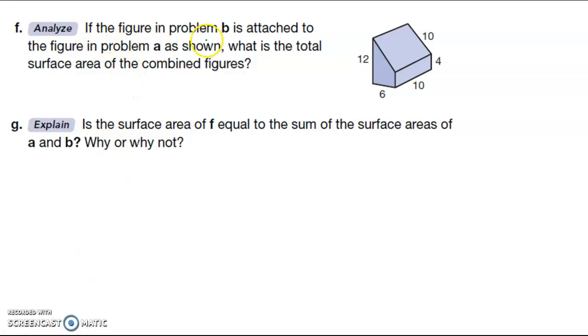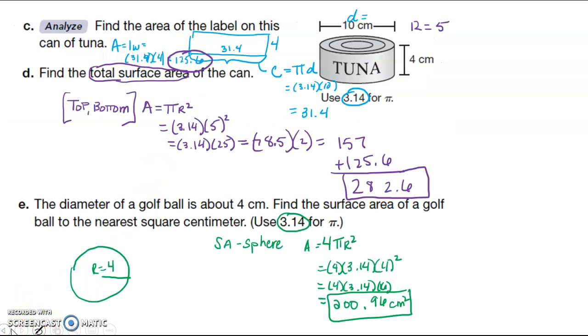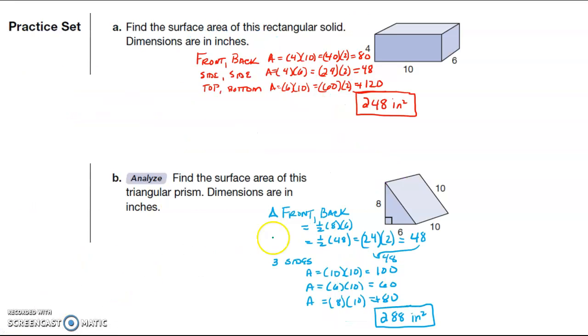All right, if the figure in problem B is attached to the figure in problem A, what is the total surface area of the combined figures? Okay, so let's go back and see what in the world they're talking about. Where's B? This one.